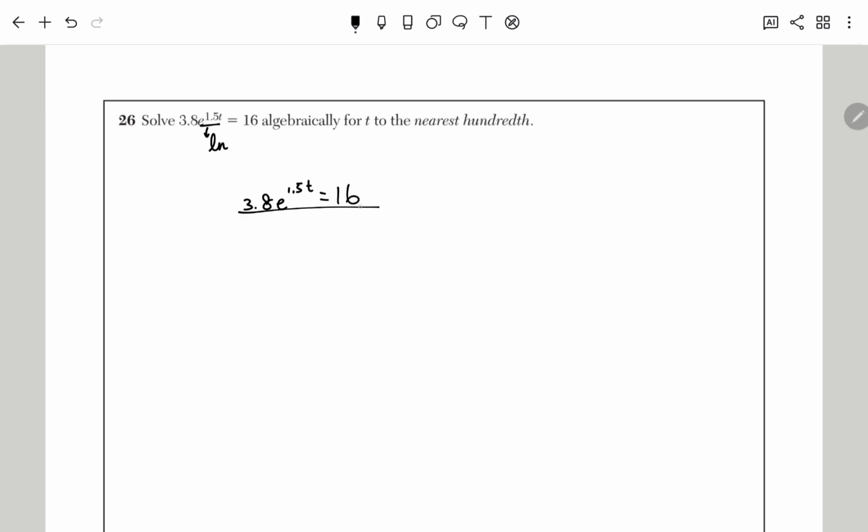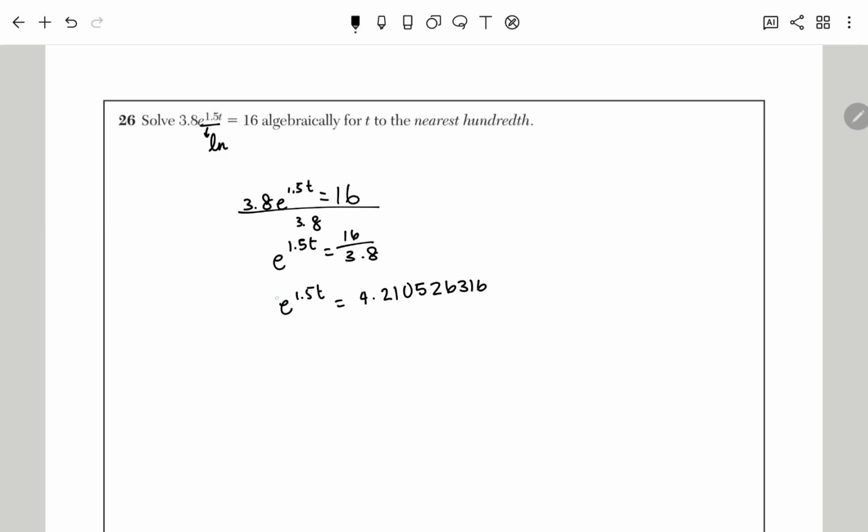First, I'm going to divide by 3.8 on both sides, so e to the 1.5t equals 16 divided by 3.8. When I simplify that, I get e to the 1.5t equals 4.2105, and you just do this in your calculator.